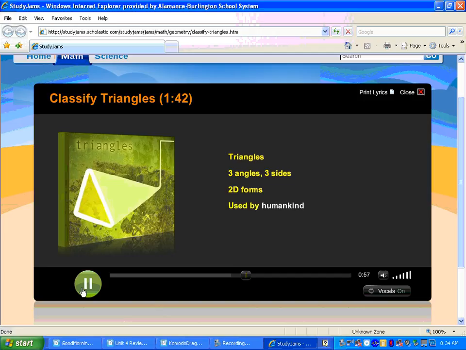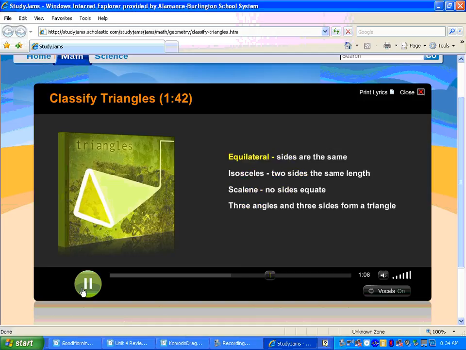2D forms used by humankind. Geometric forms that build our world. Raise pyramids high. Here's how to define. Equilateral sides are the same. Isosceles, two sides the same line. Scaling, no sides equate.